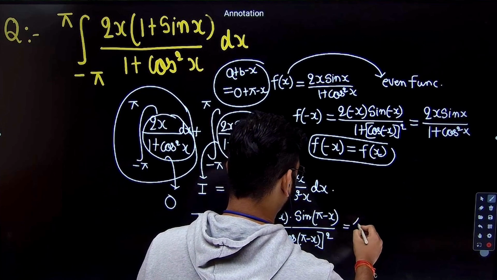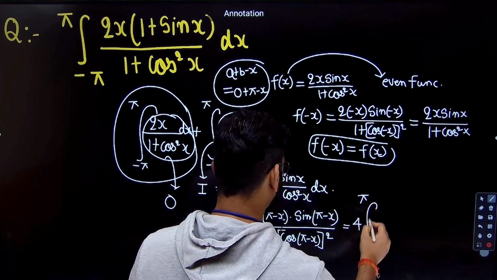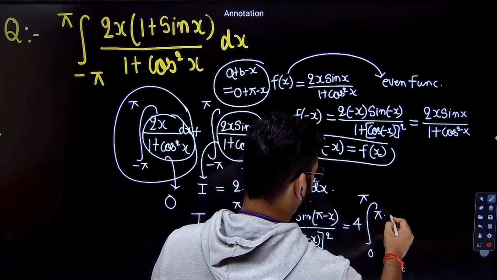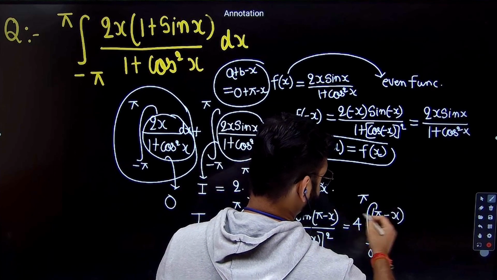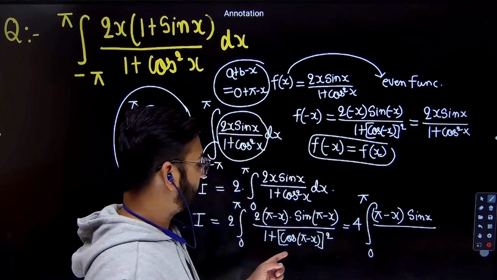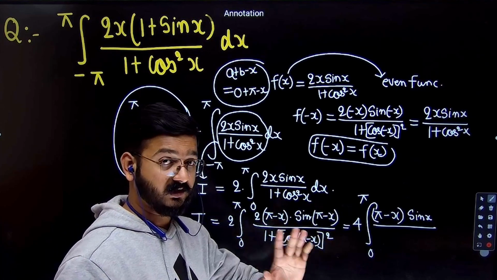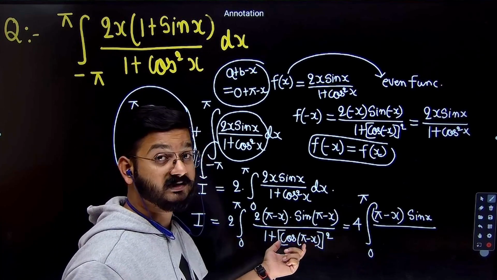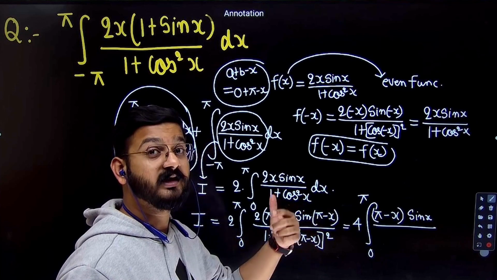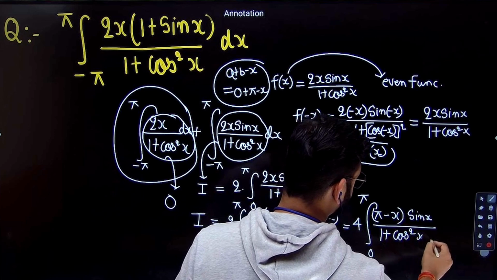So this is 4 times the integral from 0 to pi of pi minus x, sine pi minus x is sine x, divided by 1 plus cos of pi minus x, right? Cos of pi minus theta is minus cos theta. But there is a whole square which will make it plus. So this will become 1 plus cos square x dx.